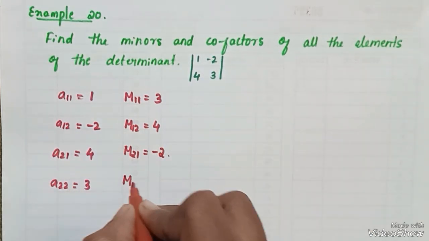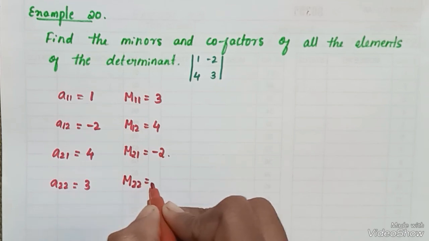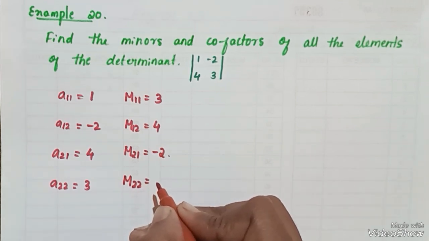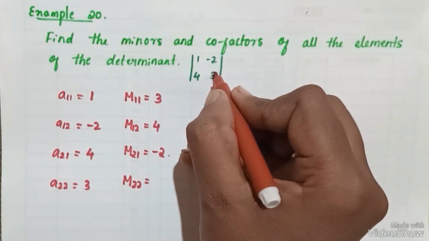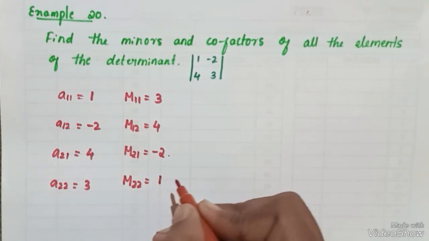For M22, the element in the second row, second column, the minor is 1.